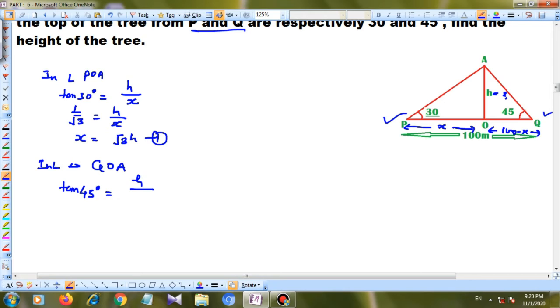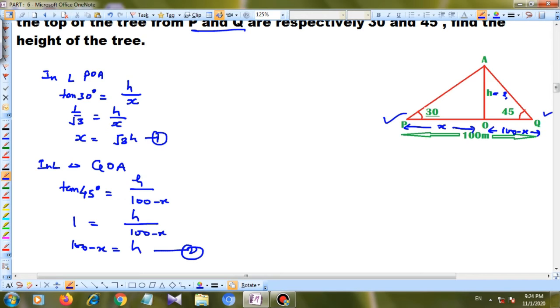So this will become 100 minus x. You know the value of tan 45? It is 1. So this is h upon 100 minus x. Cross multiply. Then you will get 100 minus x equals h, right? This is our second equation.